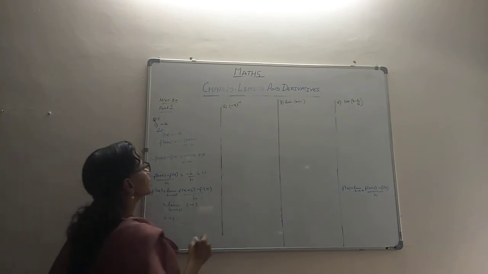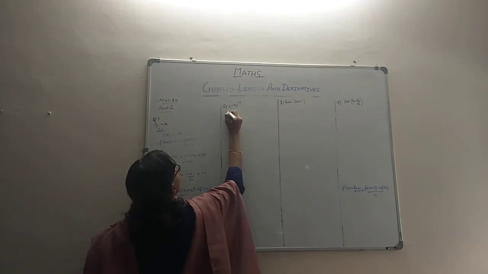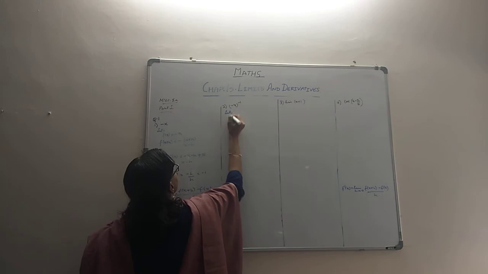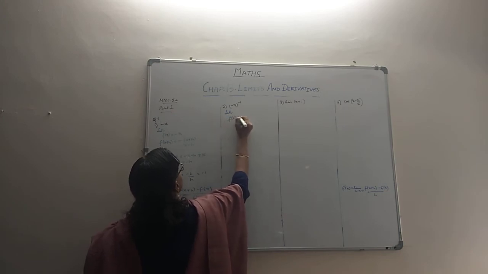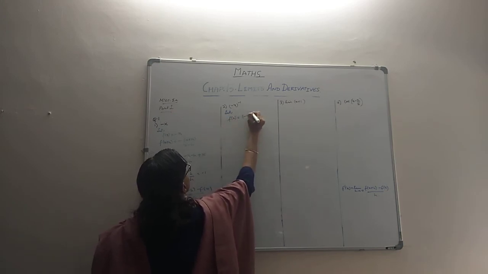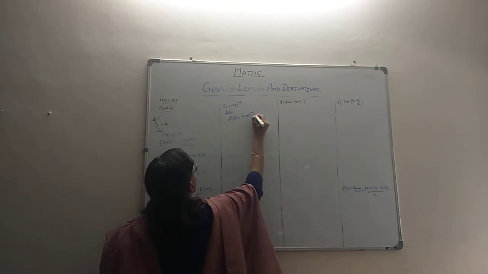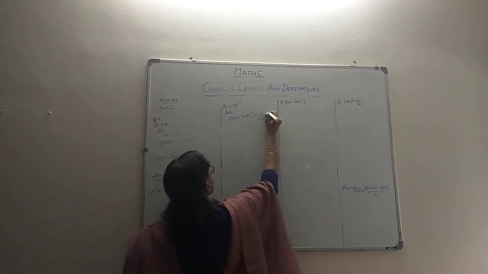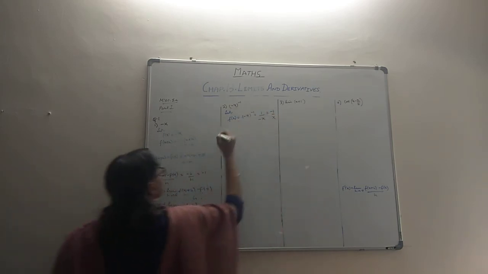This is how you get the answer for this. Now we come to the next problem, which is minus x raised to minus 1. So let's call this as f of x. Let f of x be minus x raised to minus 1. You could also call it 1 by minus x. That way also it can happen, or it can become minus 1 by x, whatever way we want.